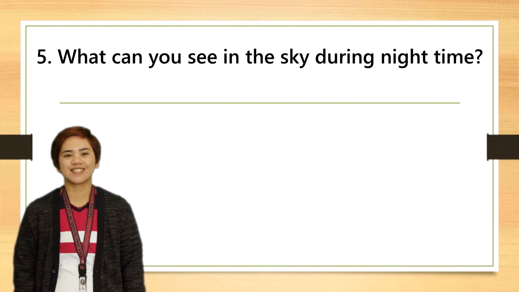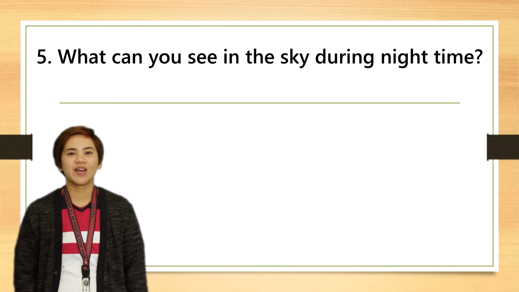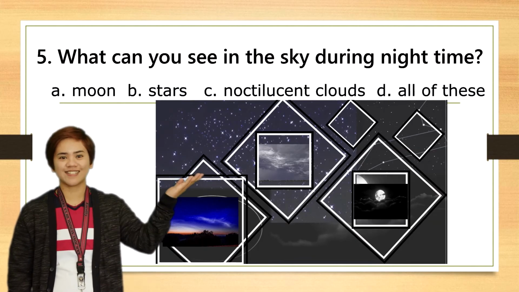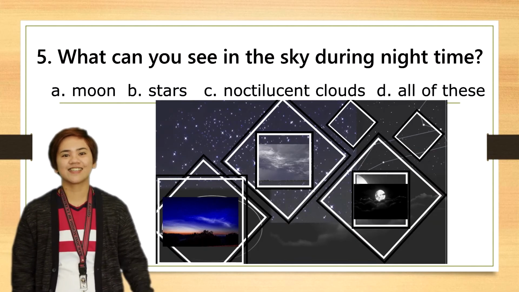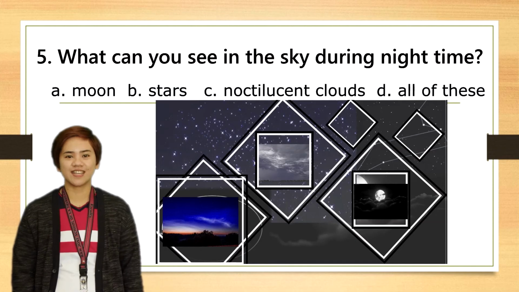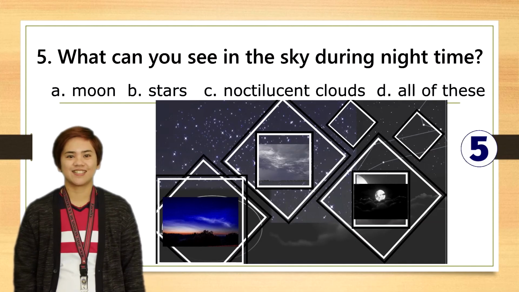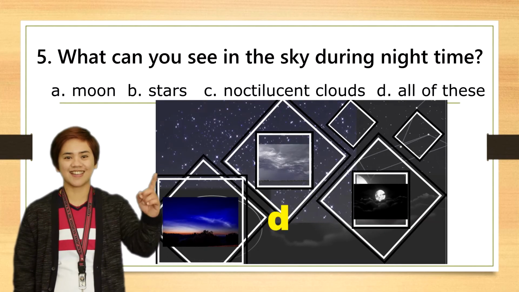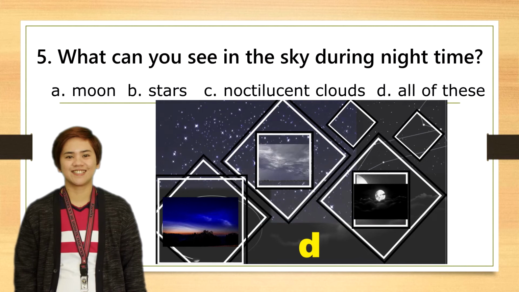What can you see in the sky during nighttime? A. Moon. B. Stars. C. Noctilucent clouds. Or D. All of these. Excellent. The answer is D.